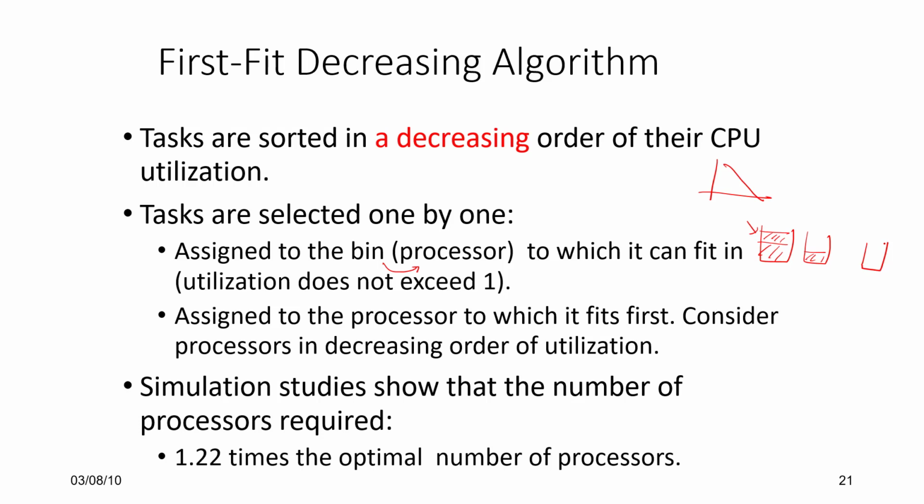Here the optimality results are much, much better. We are 1.22 times the optimal number, so we are not very far. We have seen three numbers, albeit in different settings and different algorithms. But 2.34 and 1.7 were not acceptable. 1.22 seems okay.